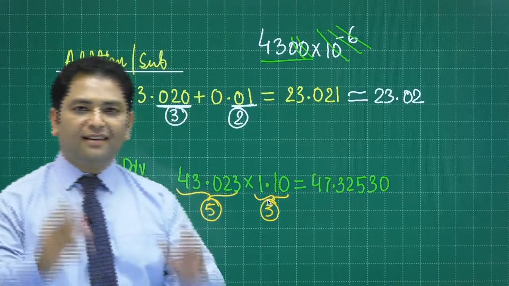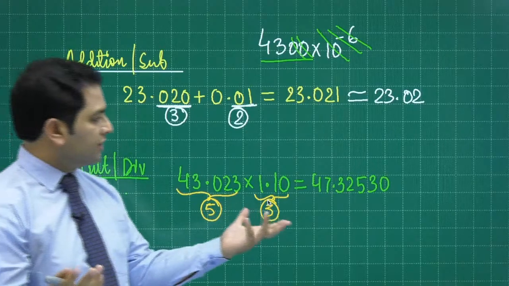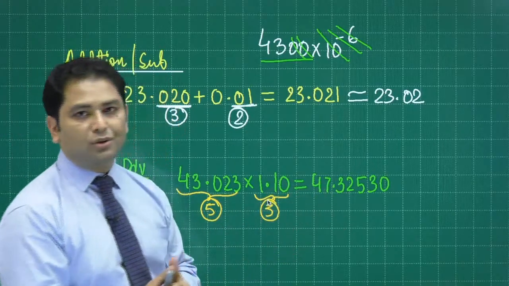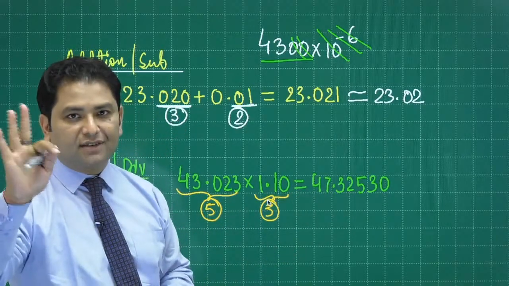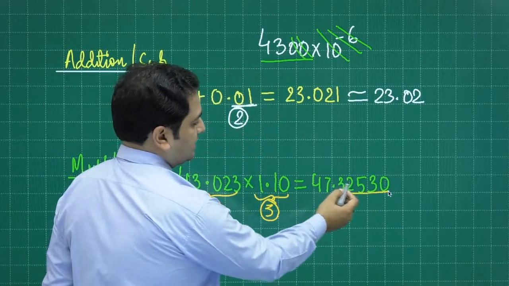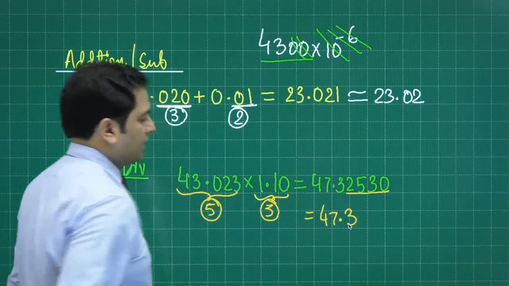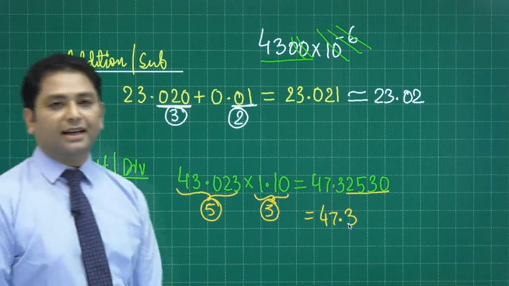We see the least number of significant digits involved. So all you need to do is make it into 3 significant digits. So this much will be dropped. And since this is less than 5, that's going to be 47.3. So that will be the correct answer.